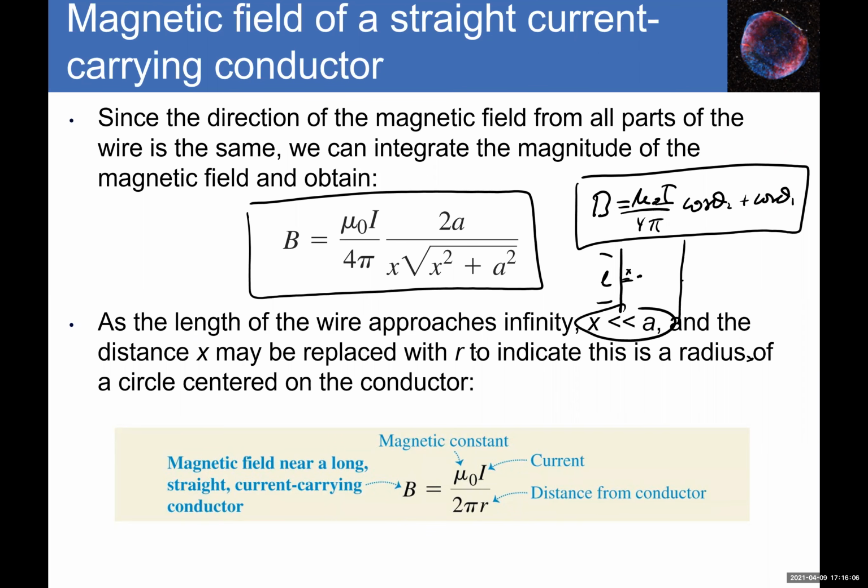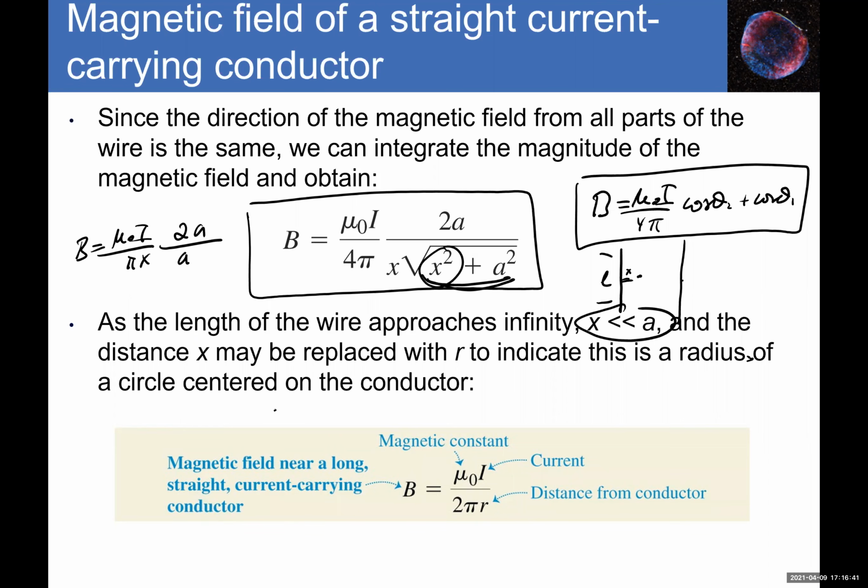And if that's the case, then this equation can be simplified to B is equal to mu naught I over 2 pi x. So it becomes 2a over... in this sum, this term becomes negligible, so this becomes just the square root of a squared, which gives you just a.